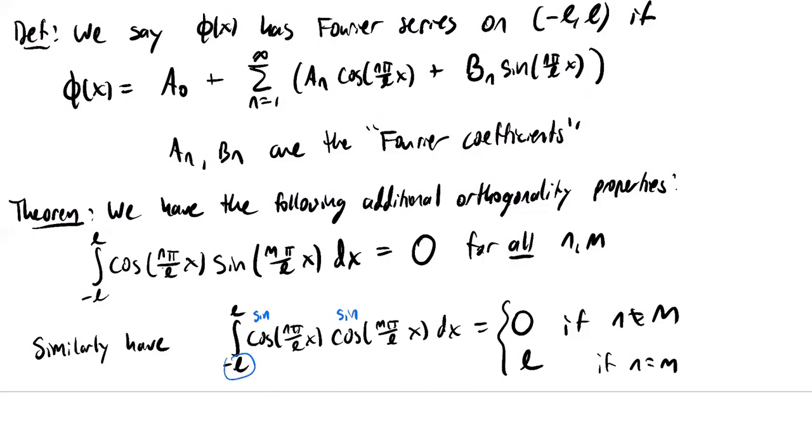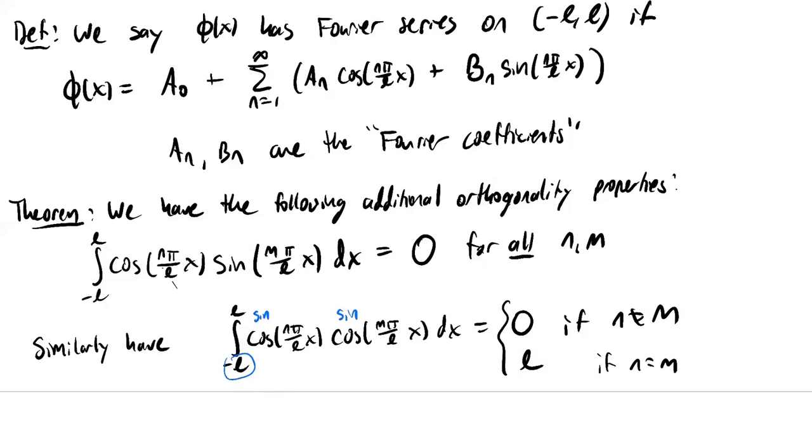Right, and so to prove this last formula, it's the same calculations we saw for the case of sine Fourier series or for the case of cosine Fourier series. And then the only new addition is showing that if you have cosine of n pi over L times x times sine of m pi over L times x, this is always equal to 0, even if n and m are the same number. Right?